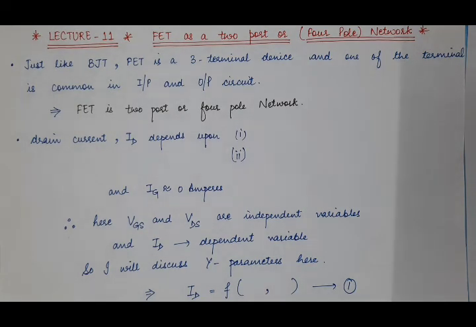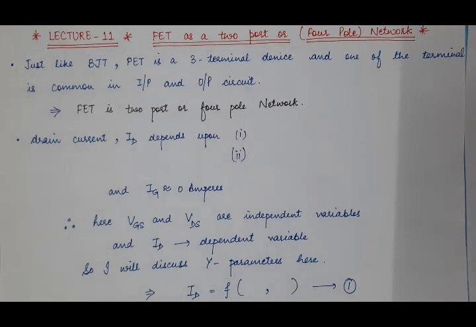So in case of bipolar junction transistor, the collector current and the voltage, out of 4 parameters, two parameters are dependent parameters and 2 parameters are independent parameters.